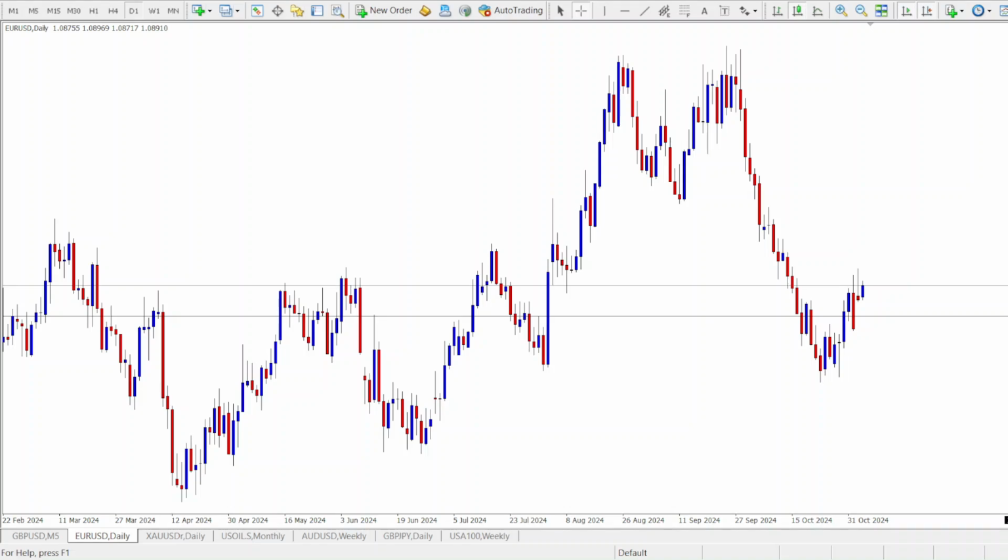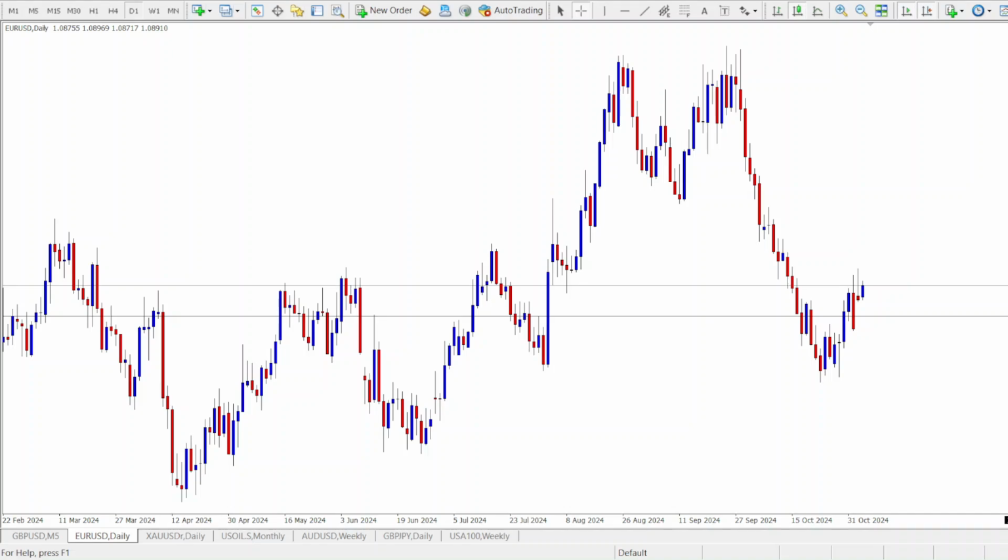This includes both fundamental and technical analysis. Fundamental analysis involves looking at economic indicators, news releases, and geopolitical events that can impact currency values. On the other hand, technical analysis focuses on price charts and patterns.